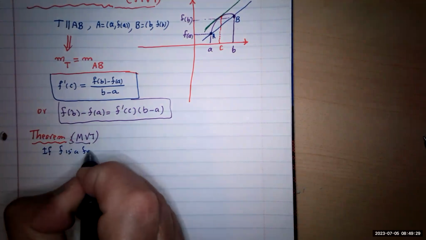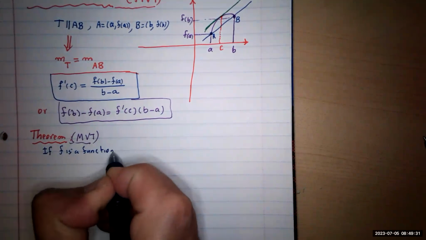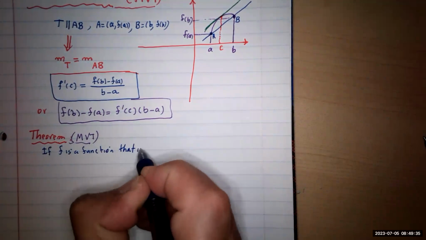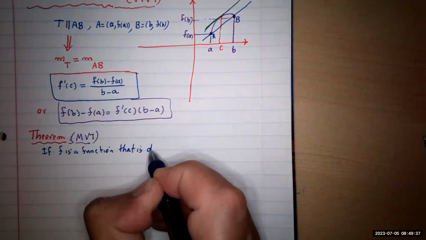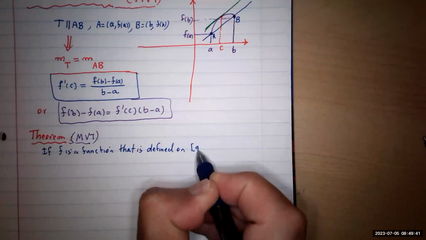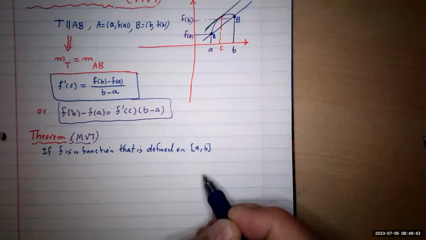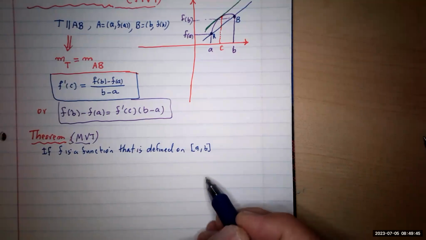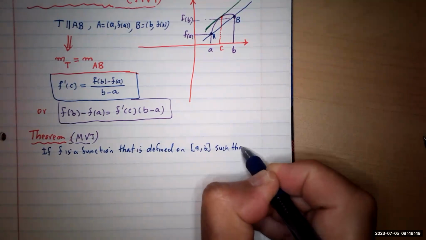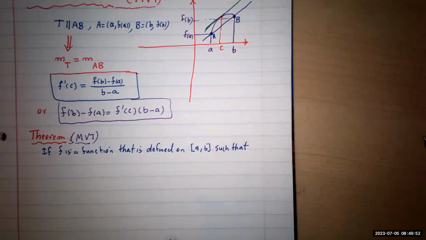If f is a function that is defined again on a closed interval, very much like Rolle's theorem, satisfying only two conditions, the first and the second only.